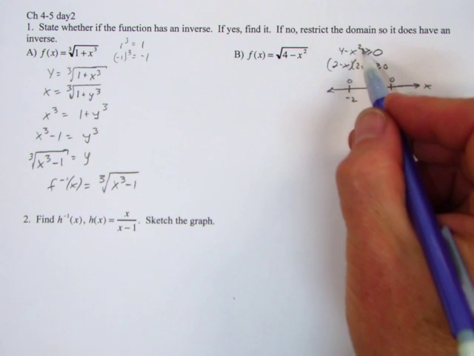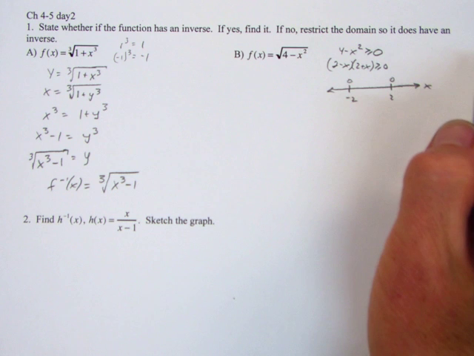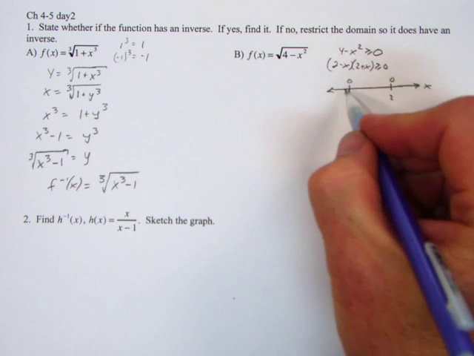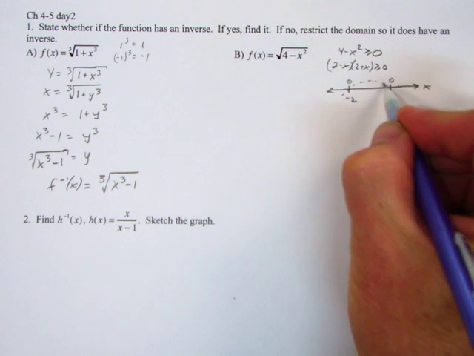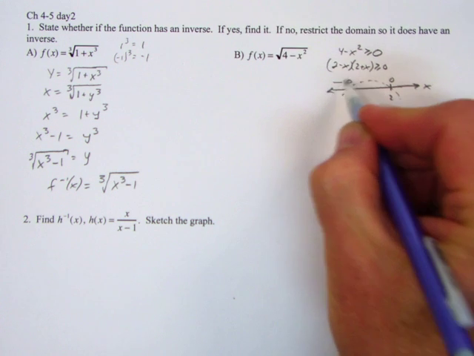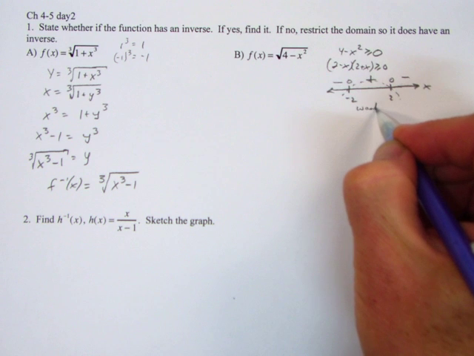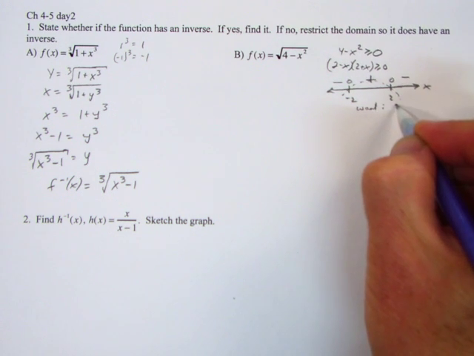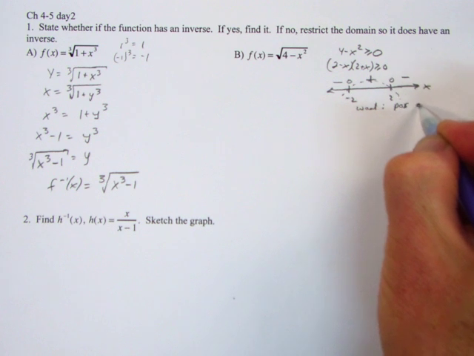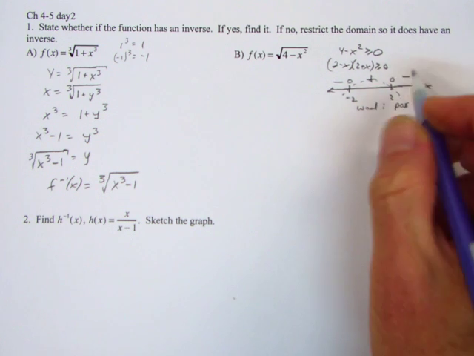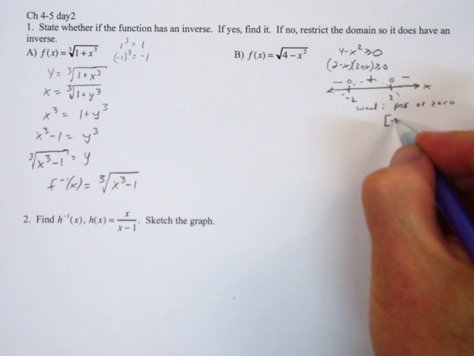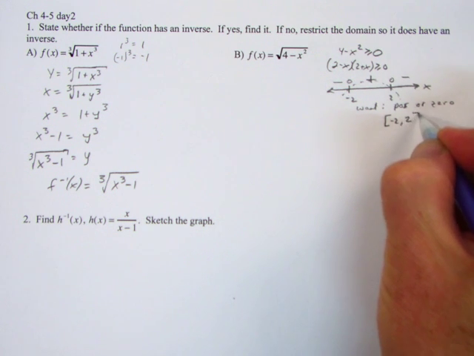The degree is 2, and is it positive or negative? It's a negative x squared, so it's negative, so I'll go with an upside down parabola. This part's negative, positive, negative. What do we want? We want the positives or 0. So our domain here would be from -2 to 2.